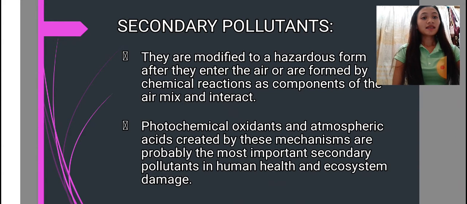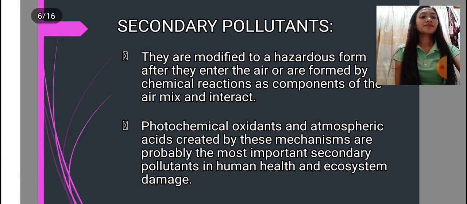Photochemical oxidants and atmospheric acids created by these mechanisms are probably the most important secondary pollutants in human health and ecosystem damage. Secondary pollutants are produced by reactions between primary pollutants and standard atmospheric compounds.